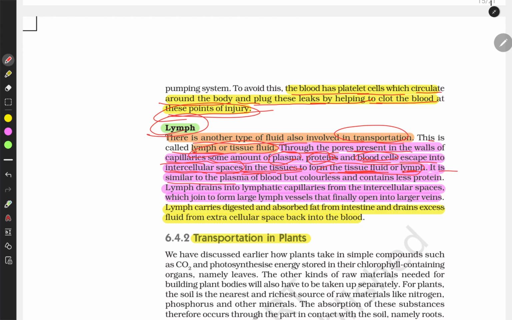It is similar to the plasma of blood, but colorless and contains less protein.